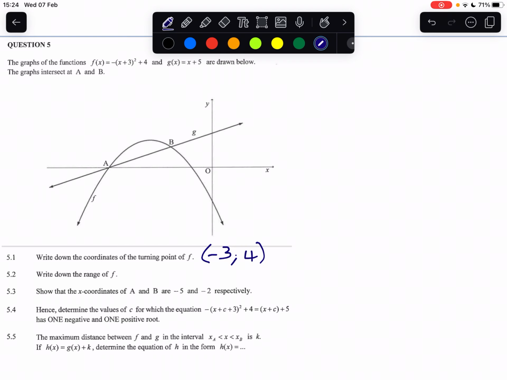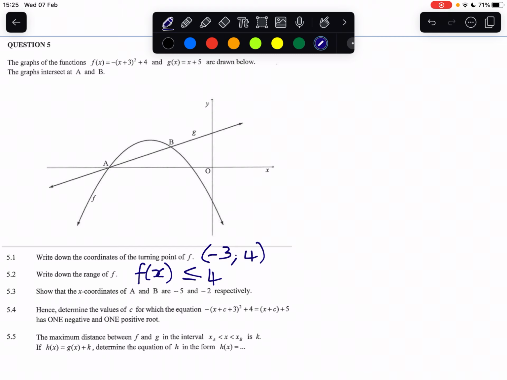So we can see that our graph peaks over there, so that's as high as the y values get. So the range of f is: f(x) does not go beyond 4. So f(x) ≤ 4.